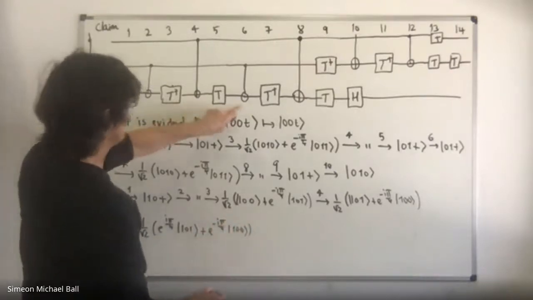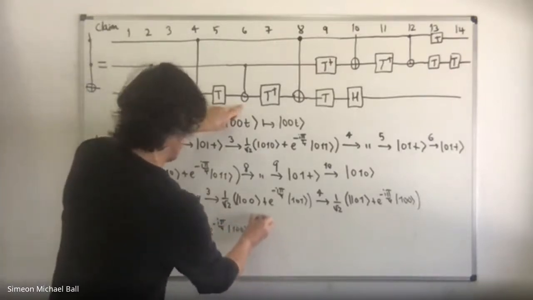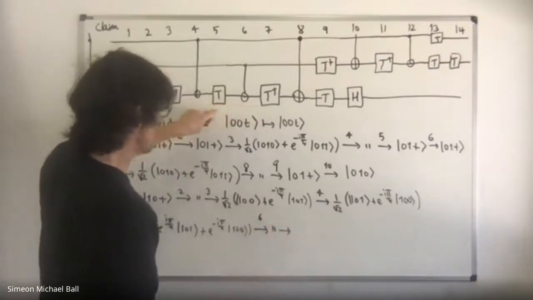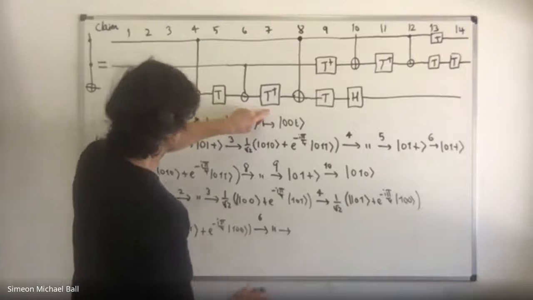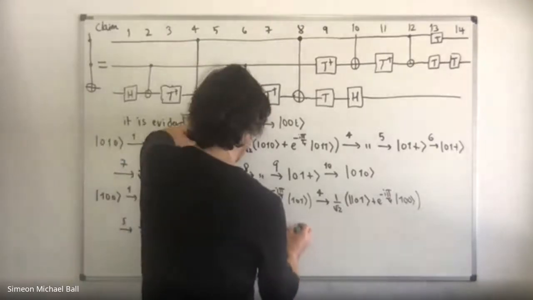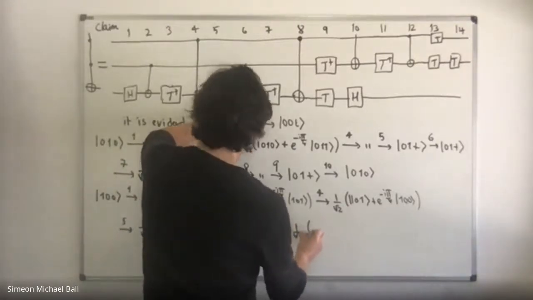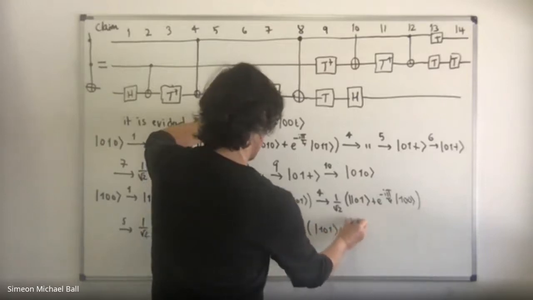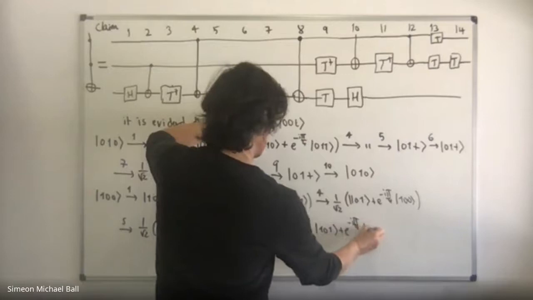So nothing happens here. Now we get it. Oh, so that's going to go back to how it was before now, because now I'm going to do a T bar back on that one. So that's 1, 0, 1, 1, 4, 1, 0, 0.